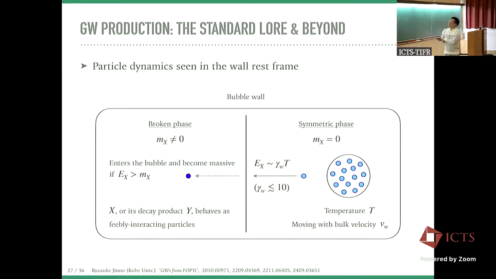Because of this transition, the interaction of X particles with other particles might be switched off, or the decay product of this X particle may behave as a feebly interacting particle. So either the X particle or its decay product Y can be candidates for free-streaming particles. And let's consider this setup.